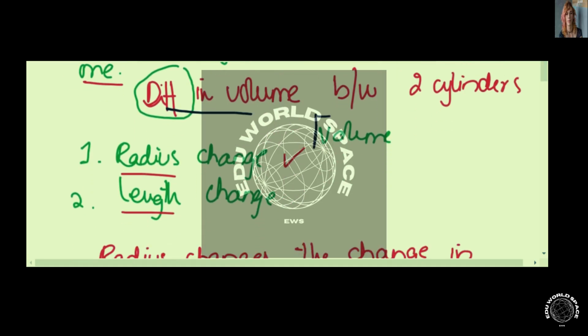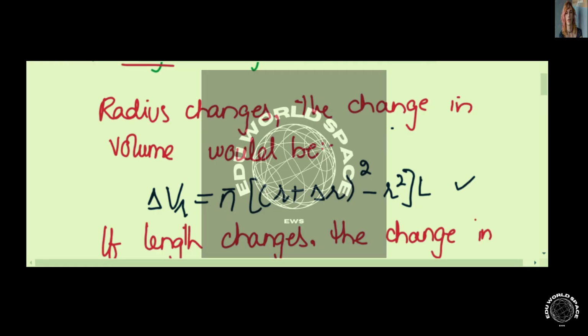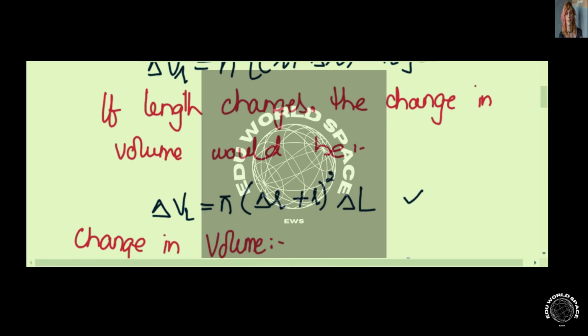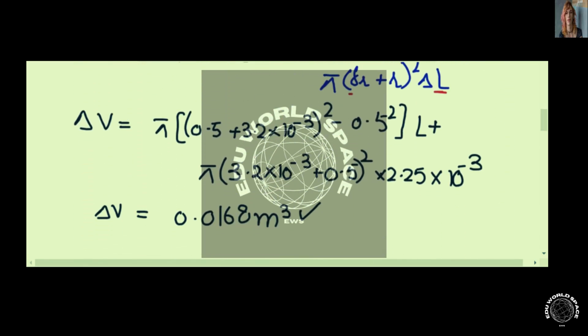The volume of the cylinder can change due to the change in the radius or the change in length, and we studied them separately. We got an equation for the change in volume due to the radius, and then we found a new equation for the change in volume if the length changes. Then we added them, plugged in the values, and we got our answer. So this is your solution, and it includes our answer for this question.